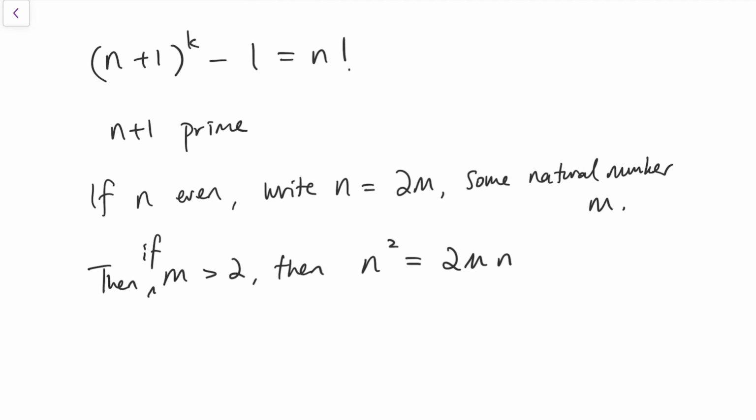So we have the product 2mn, and these three numbers should be distinct, because m is larger than 2. So the product of these three numbers, all less than or equal to n, should divide n factorial. So that means n squared also divides n factorial.